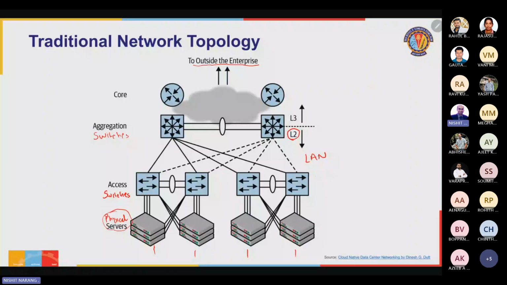Just like sitting at home, you are mostly trying to access the internet. So your traffic goes out of your home network or the local area network to the wide area network, which is the internet.